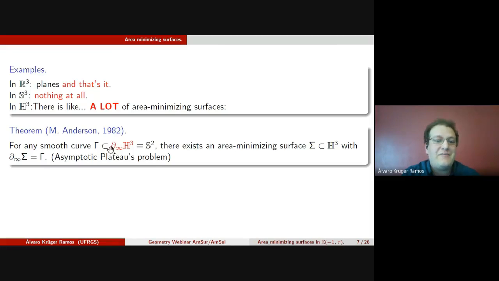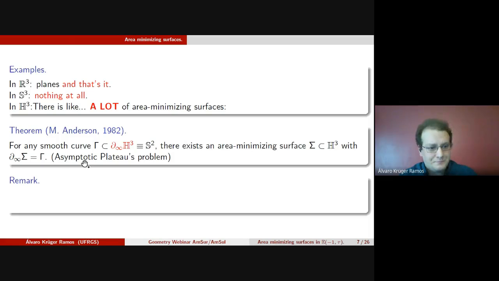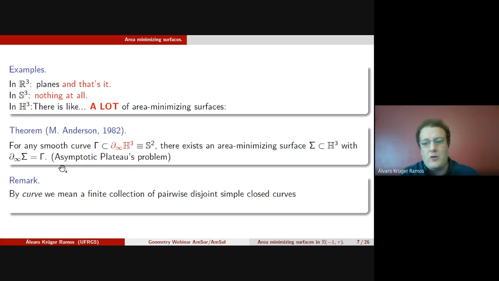So this is called the asymptotic Plateau problem. In Plateau's problem, you have a curve in a manifold, and you can find an area minimizing surface with that boundary. Here you have the same problem, but asymptotically. Just a remark: along the talk, by curve I mean a finite collection of pairwise disjoint simple closed curves, and they will usually be piecewise smooth unless otherwise stated.